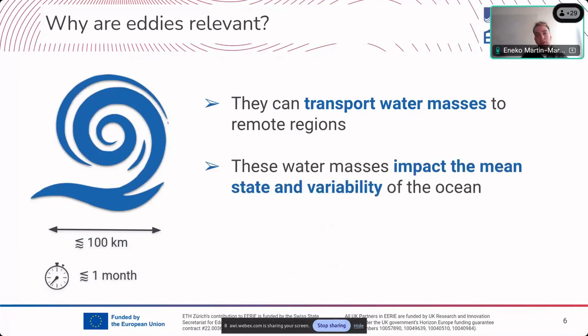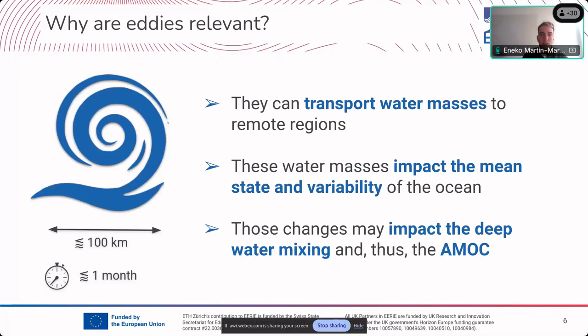This impacts the mean state and variability of the ocean, which is one of the things we are studying in work packages of the ERI. My work is about how, when the mean state and variability of the ocean change, this also impacts the deep water mixing, and thus the AMOC.